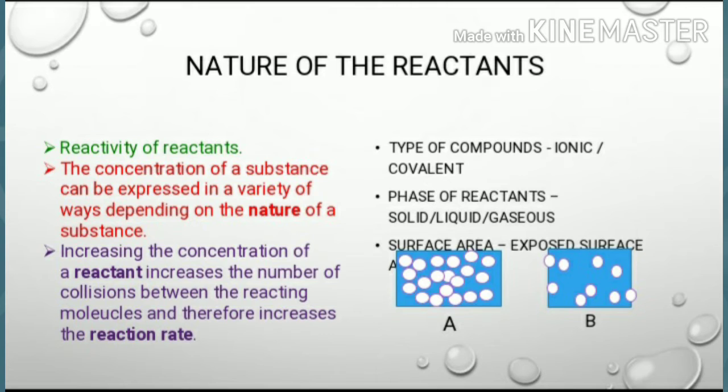You will see here figure A and figure B. In figure A, the particles or the molecules are compactly arranged, whereas in figure B, they are loosely arranged. Remember, if the particles are loosely arranged, the collisions will be more, so the rate of reaction will also be more. So, in liquids or in gases, the rate of reaction will be more.